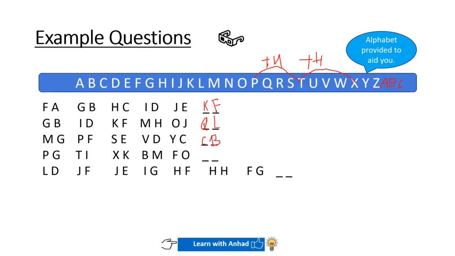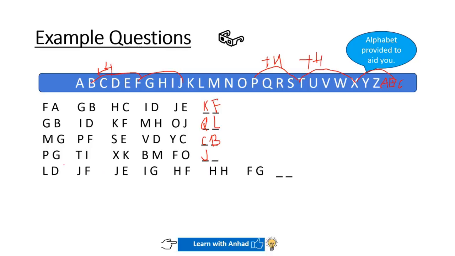So you go X plus 4 is 1, 2, 3. Yeah, it's B, as you can see there. So X to B. And then, don't bother to keep on adding the alphabet there. Just start from here again. From B. And then from B to F is again another +4. Okay. Now, F plus 4 would be J. So the answer for the first letter of this question is J.